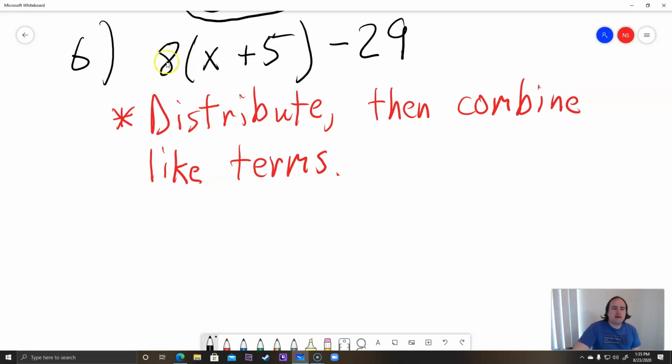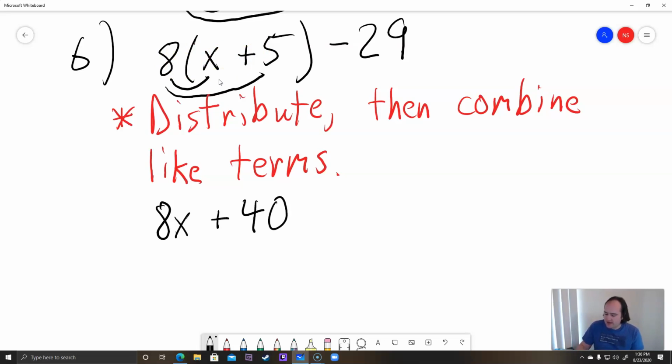For this problem, we have a positive 8, and we need to distribute it to each term here. So distributing the positive 8, we don't have to worry about a negative. So we're going to get 8 times x is 8x, and 8 times 5 is 40. So we have 8x plus 40 minus 29.